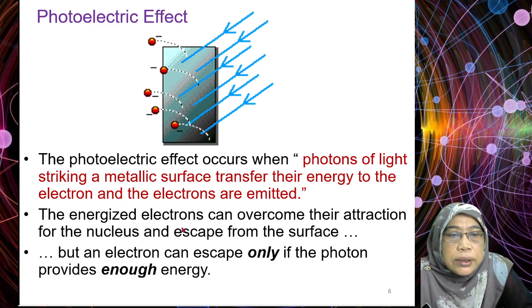The energized electron can overcome the attraction of the nucleus and escape from the surface. But an electron can escape only if the photon provides enough energy, that is the energy for the work function. The energy from the photon should be more than the energy needed to eject the electron. That is referred to as the work function of the metal.